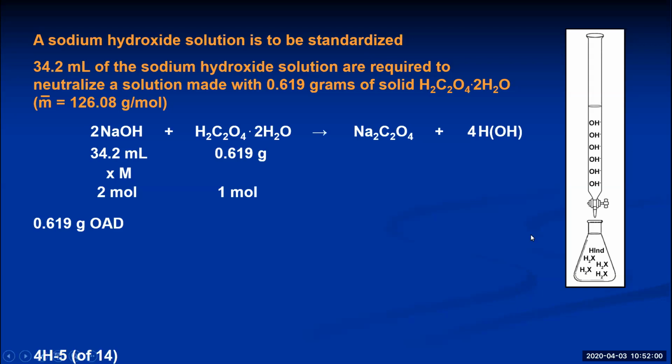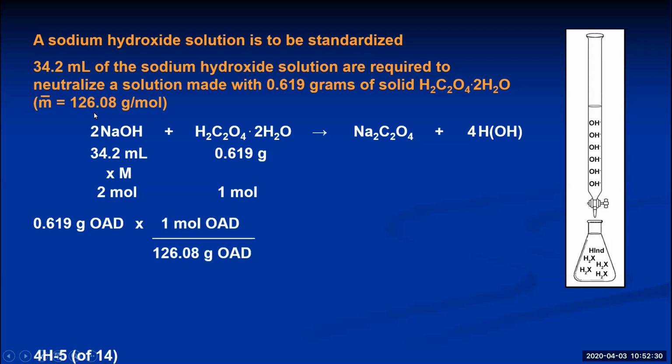Just so you know where this molar mass of 126.08 came from, I added up the masses of 2 moles of hydrogen, 2 moles of carbon, 4 moles of oxygen, and then 2 moles of water. So when you have a hydrated substance, because those waters are actually in the crystal, you've got to calculate the molar mass of the entire thing. So if you check that to make sure that I've done it correctly, that should come out 126.08.